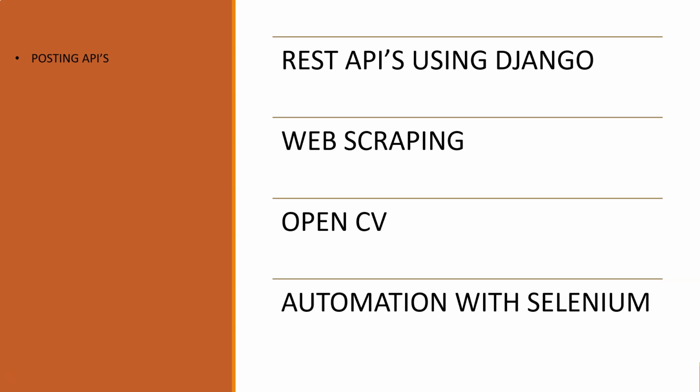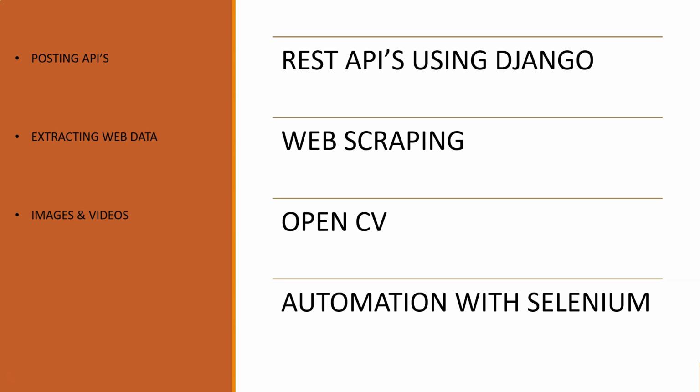And in the next, which is web scraping, we'll be dealing with how to extract the data from the web through Python. The next module is regarding the computer vision, where we'll be using the OpenCV library to work with images and videos.